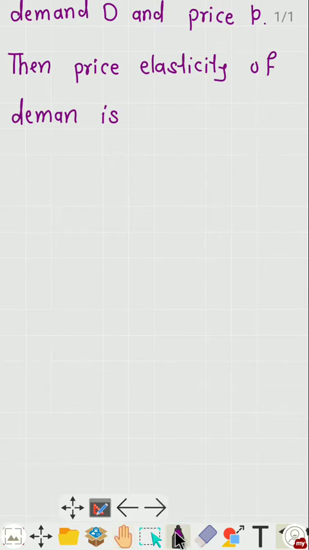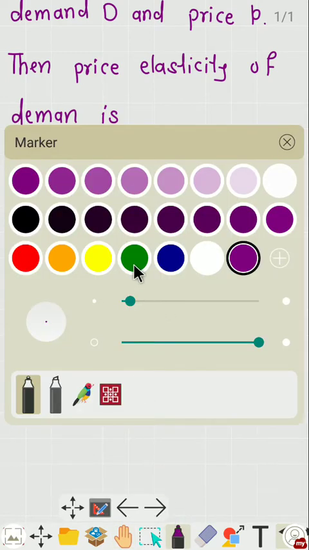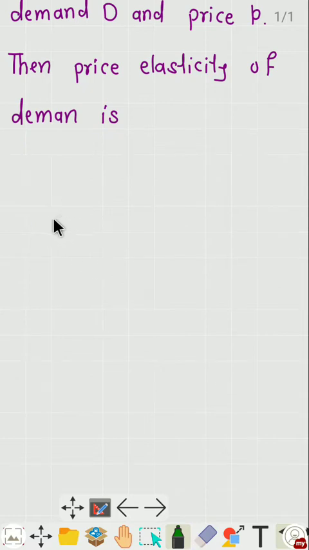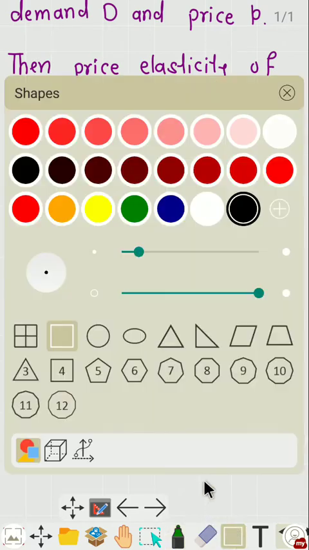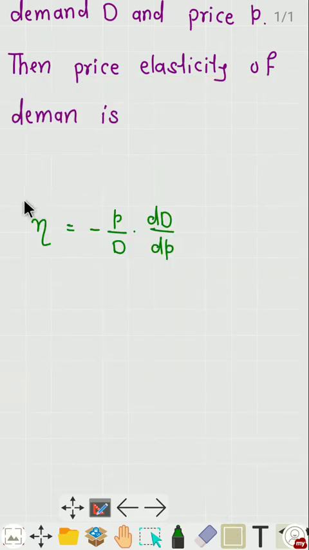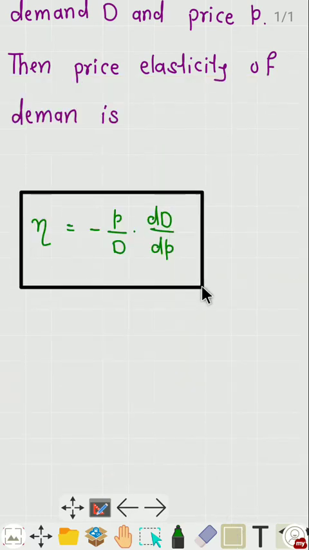The notation for price elasticity of demand is eta is equal to minus P upon D into dD by dP. Okay, so you observe that this is the formula for price elasticity of demand.